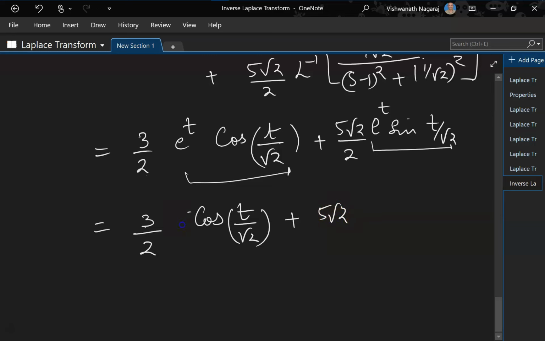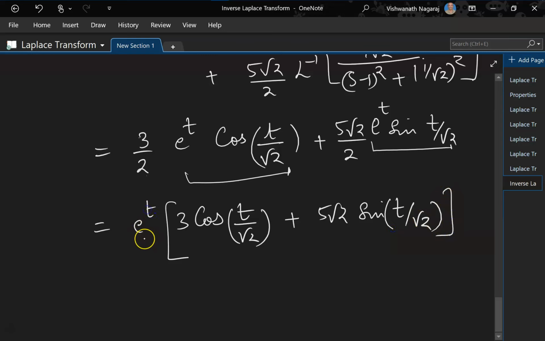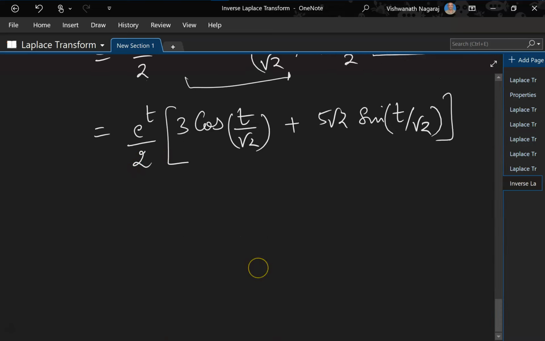Let's remove this e to the power of t also. Let's make it as 3, 5 root 2 sine t by root 2. Now, what is common? Common is e to the power of t by 2. So this is the inverse Laplace of the given function. Okay, it can be a little bit tricky.